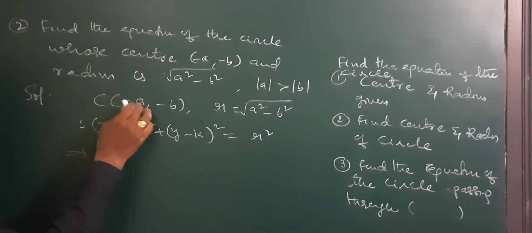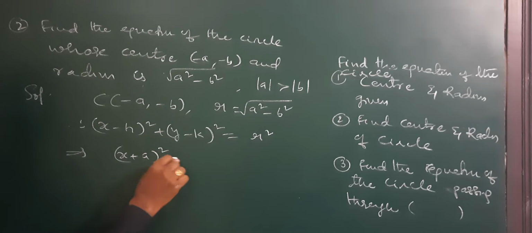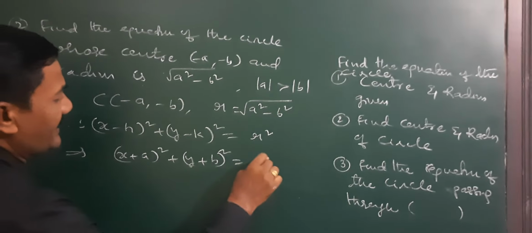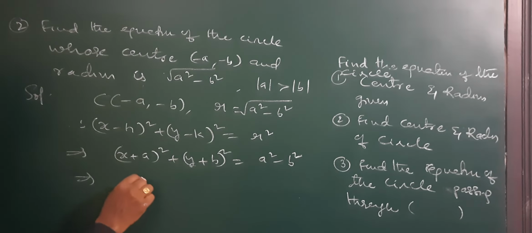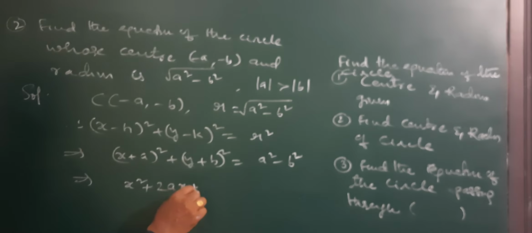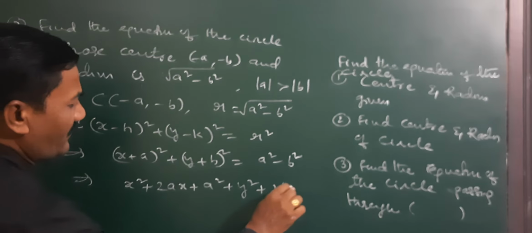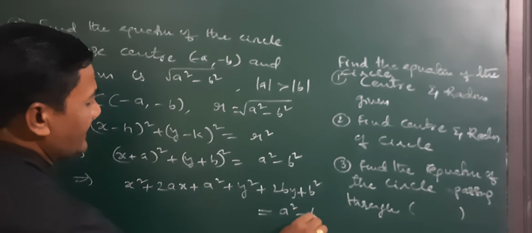That implies, for center (minus a, minus b), (x plus a) whole square plus (y plus b) whole square is equal to r square, that is a square minus b square. Expanding, x square plus 2ax plus a square plus y square plus 2by plus b square is equal to a square minus b square.